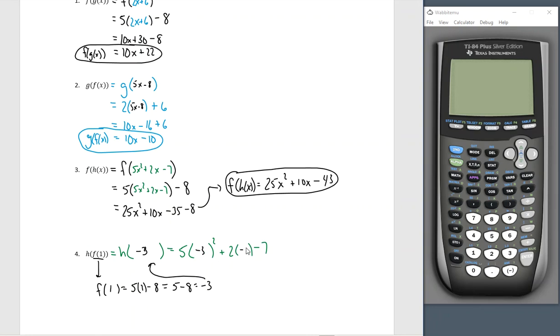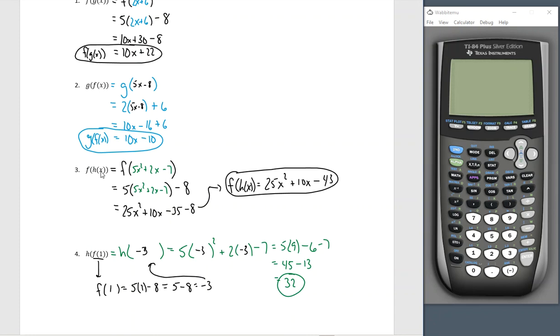So everywhere I have parentheses, I'm going to put in a -3, and now we can simplify. So we'll have 5 times 9, -3 times -3 is 9, positive 9, minus 6, minus 7. 5 times 9 is 45, minus 6 and a minus 7 is minus 13. This will give us a 32.